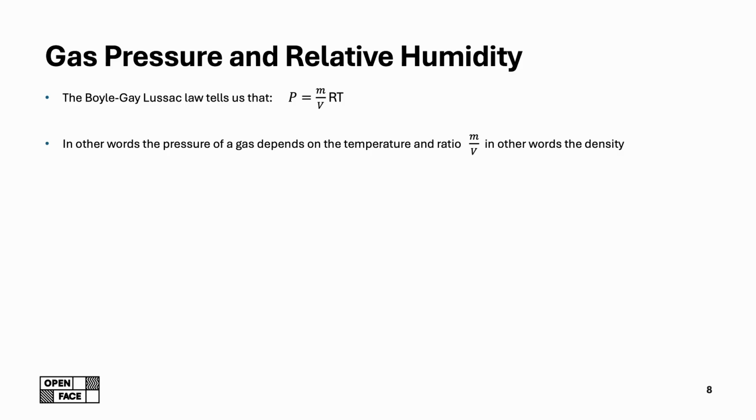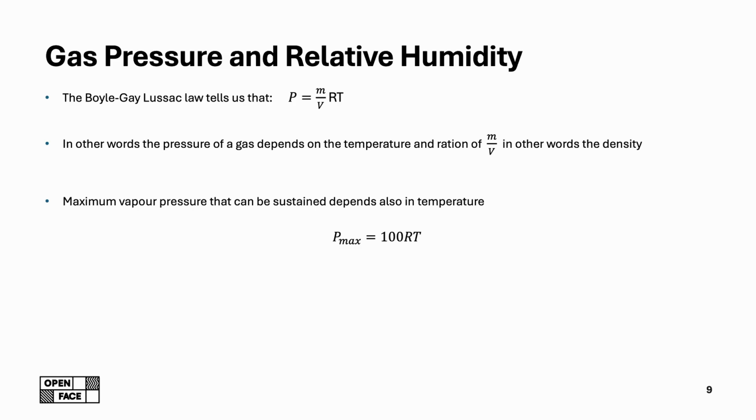So when condensation occurs, we could say that M over V is 100% relative humidity, which means that the maximum pressure that the air can sustain from the moisture being inside the air is defined in this equation by placing M over V equal to 100. So you have, as you can see here, 100 RT.